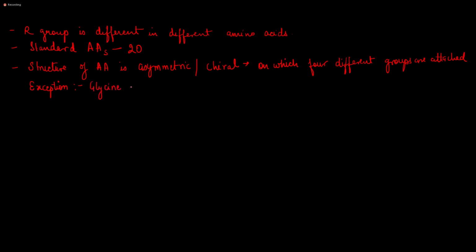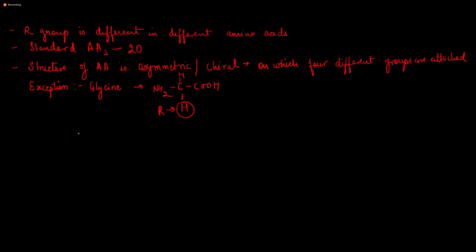If you see the structure of glycine, you will find the basic structure is the same. It has COOH, it has H, but in this amino acid, the other functional group is also H. So the R that I was talking about is H in the case of glycine. So glycine does not have a chiral carbon.